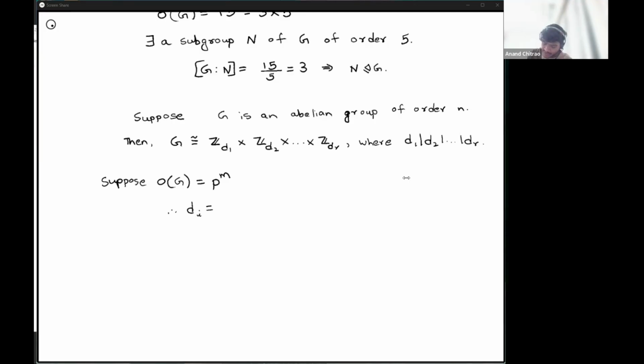Therefore di equals p to the mi with m1 less than or equal to m2 less than or equal to ... mr, and their sum is equal to m. That's how you get a partition. So maybe this is how you can see whatever result you said.